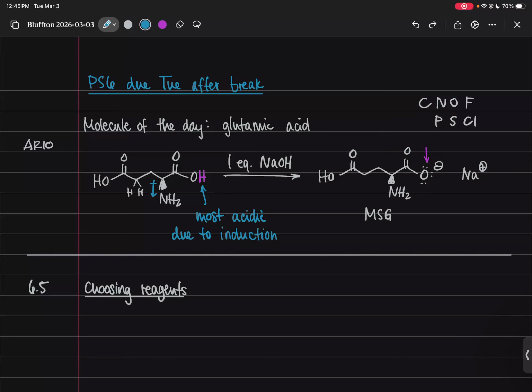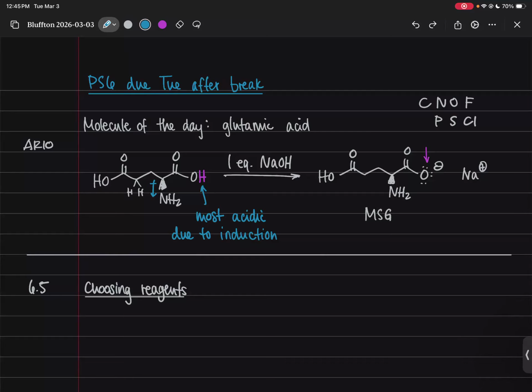I is for induction. And so now we're going to look for electronegative atoms that are in the vicinity of the conjugate base. In the example that I showed you in the video, I was using chlorine or really any halogen. But in this case, we have here a nitrogen, which is more electronegative than carbon. I mean, very, very slightly.